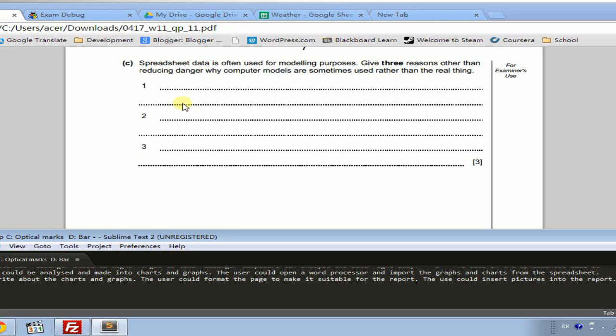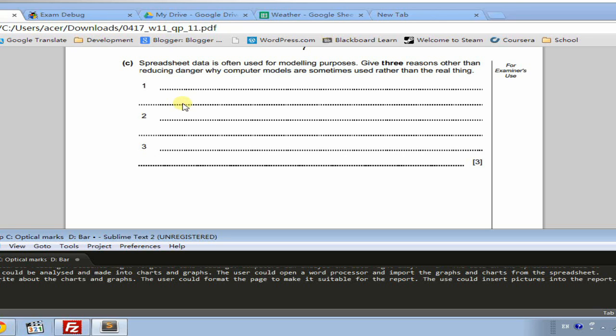What is computer modeling? In many ways, I think the spreadsheet's a bit confusing here for some people, but spreadsheets can be used. But modeling could be a whole bunch of things, like if we were going to build a building, then we would first use something like AutoCAD to design the building before we built it. Likewise, there's some things we can't model or we can't build in real life.